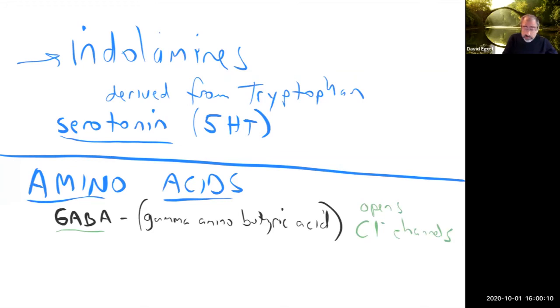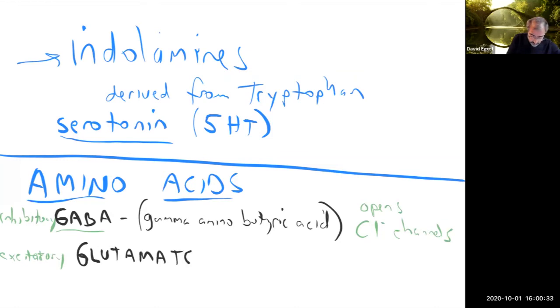Another important amino acid is one of the main primary excitatory neurotransmitters. So GABA is inhibitory; one of the main excitatory ones is glutamate. Glutamate is really common.